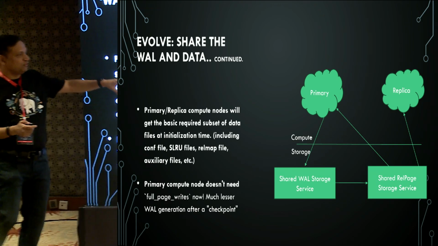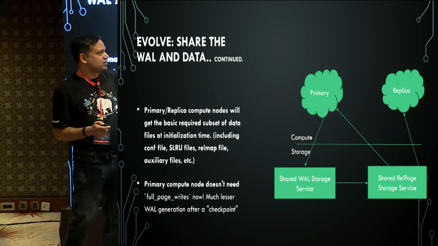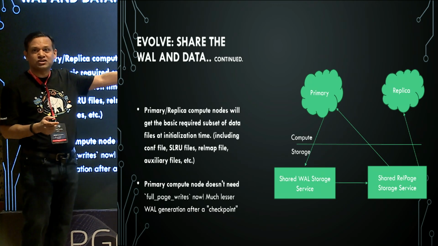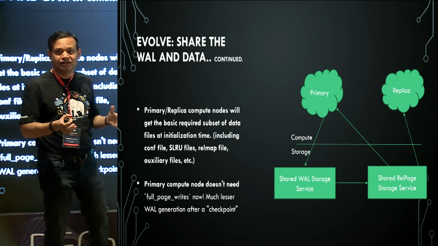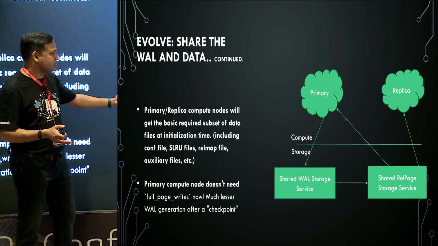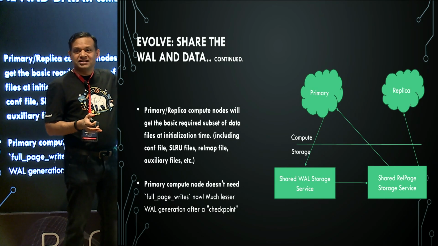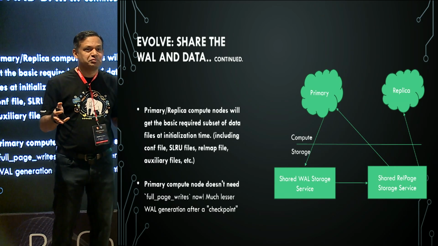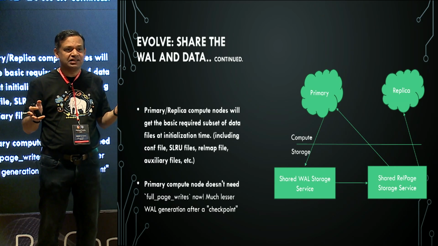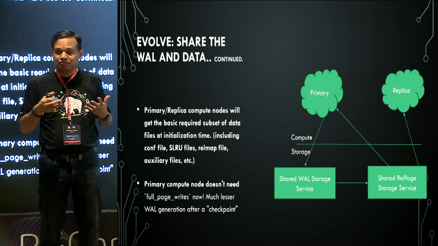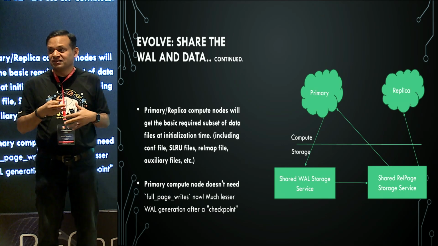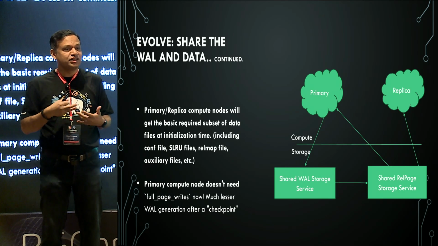So in this architecture, the primary and the replica nodes can be very thin, because when they start up, they just need a basic subset of the PG data contents. They don't need the entire relation pages. They only need the basic set of files that are needed to start.